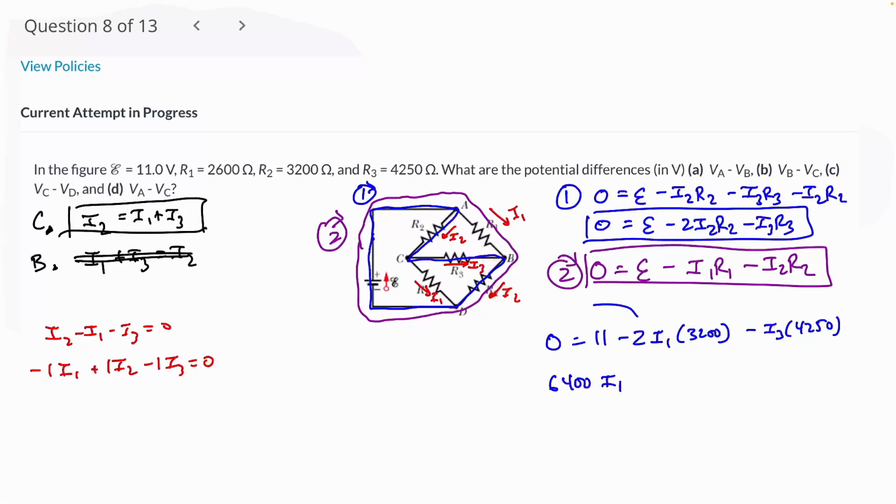If I move the I1 over, it becomes positive, plus 4250 I3 equals 11. So I didn't move the 11. All right, so I've set the blue one up. It's I2, thank you. I2, I got too excited. I2, I3, thank you. All right, and now the purple one.